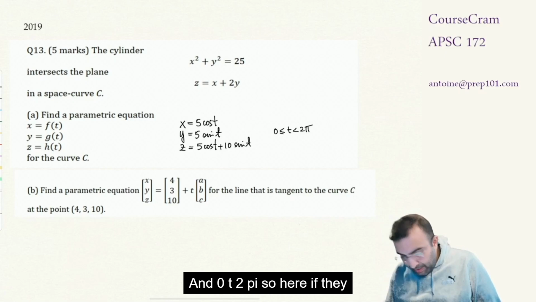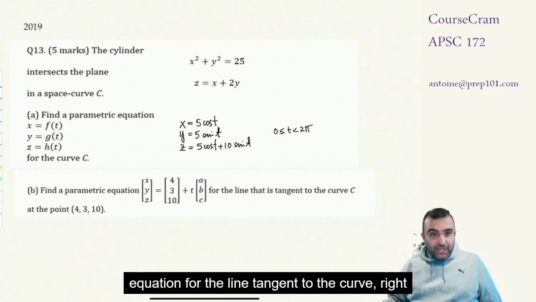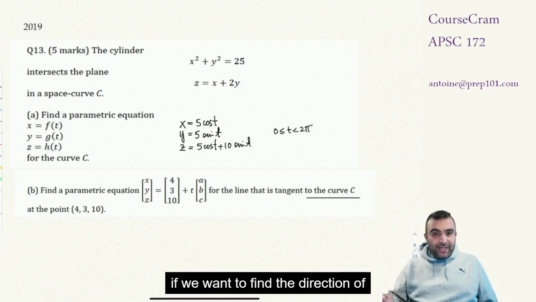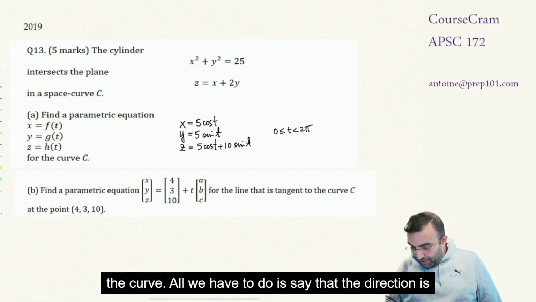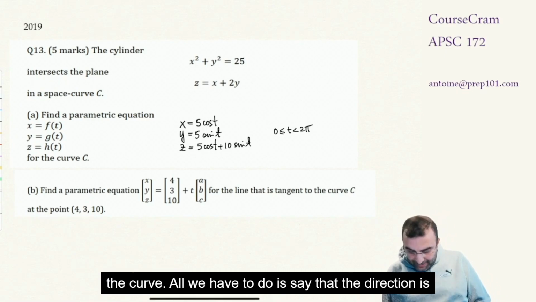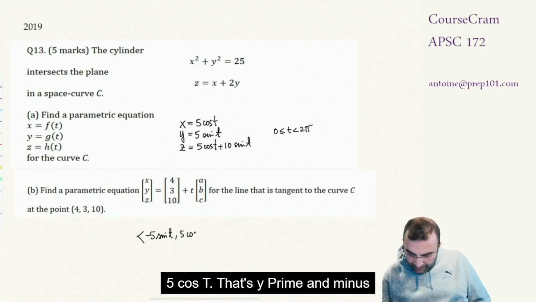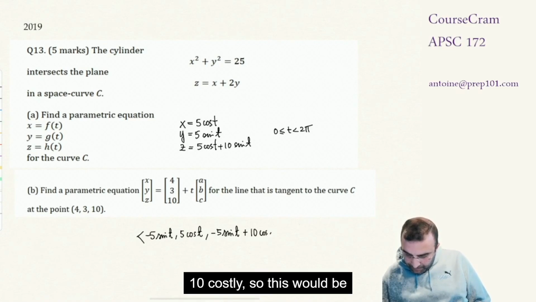So here, if they say find the parametric equation for the line tangent to the curve, if we want to find the direction of the line that is tangent to the curve, all we have to do is say that the direction is minus 5 sin t, that's x prime, 5 cos t, that's y prime, and minus 5 sin t plus 10 cos t.